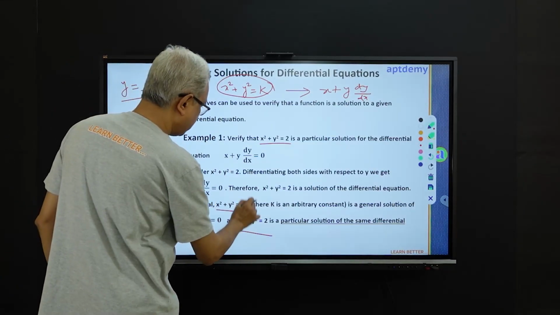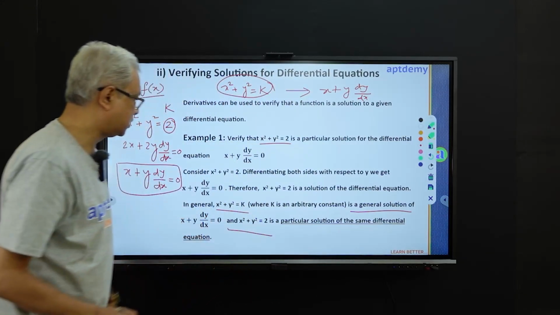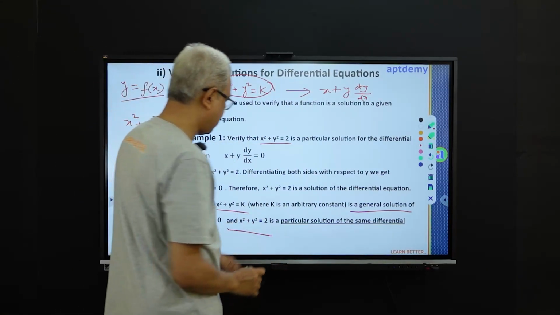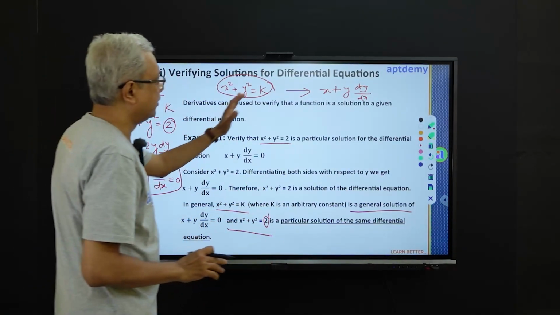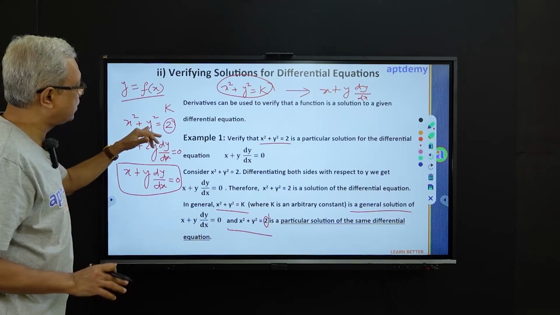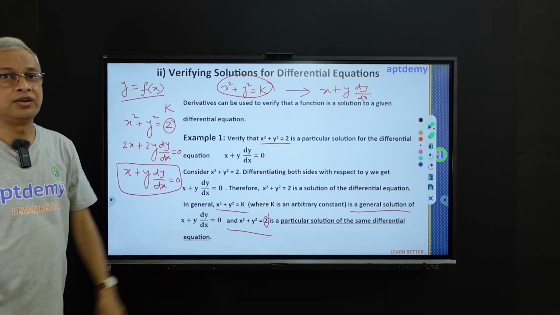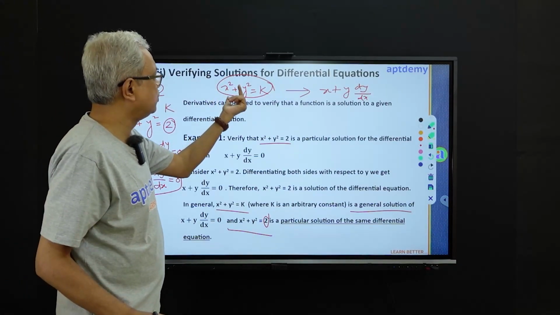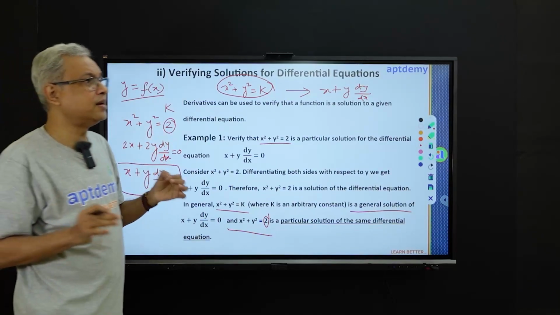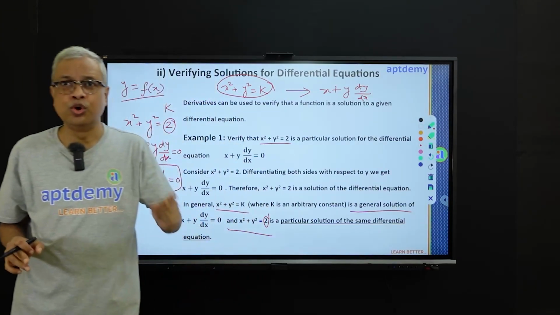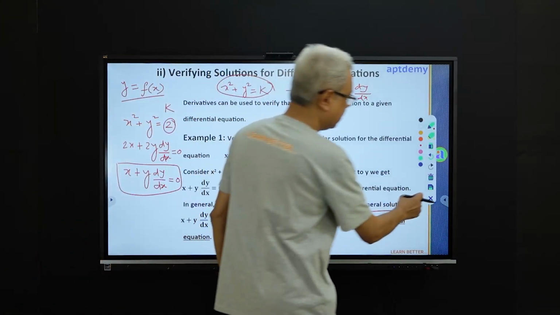In general, x square plus y square equal to k is a general solution, and x square plus y square equal to 2 is one among many solutions of this equation. General solution will look like this, where k can be any number, and when k assumes a value 2, we pinpoint a particular solution of the differential equation.